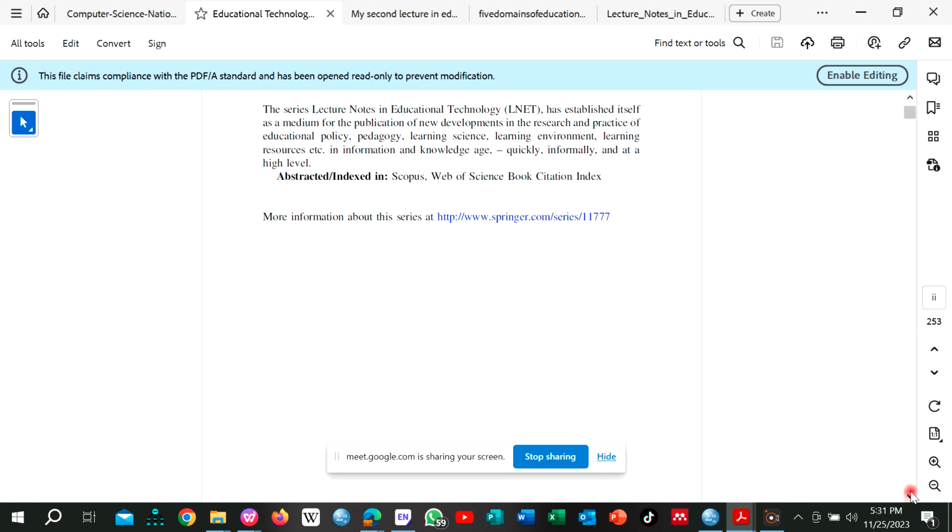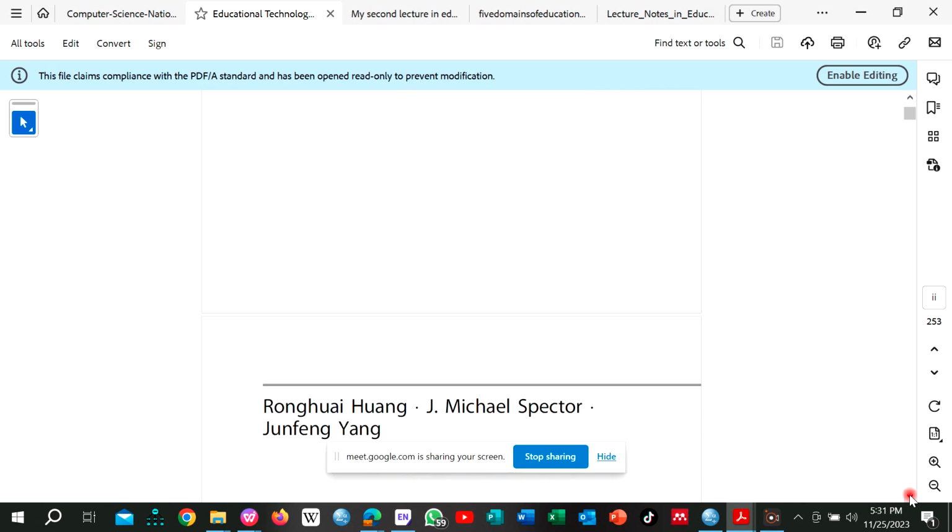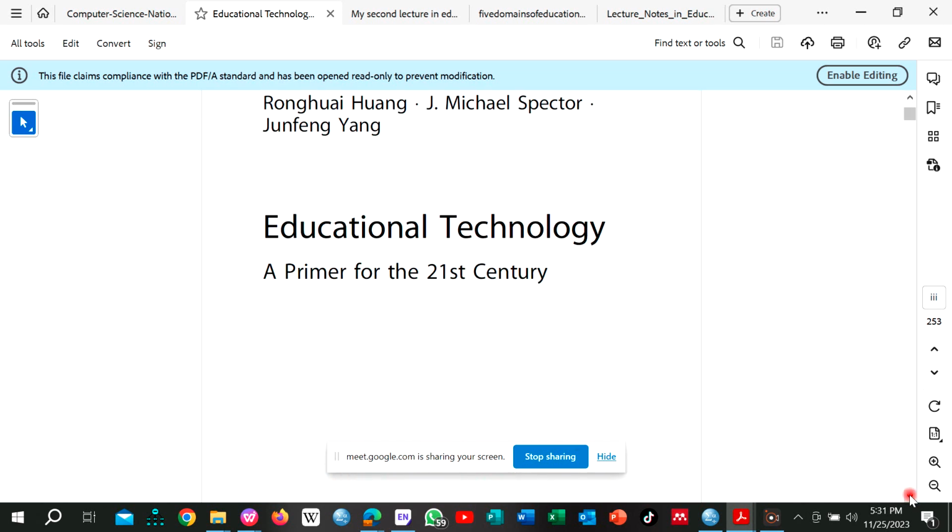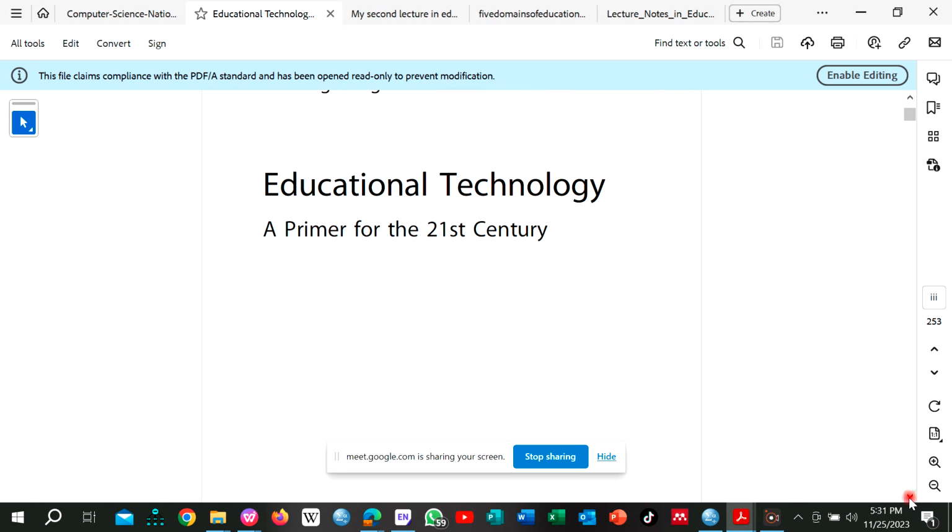I don't expect you to print it out unless your father has a free printer, or unless you yourself, where you work, you have a free printer.